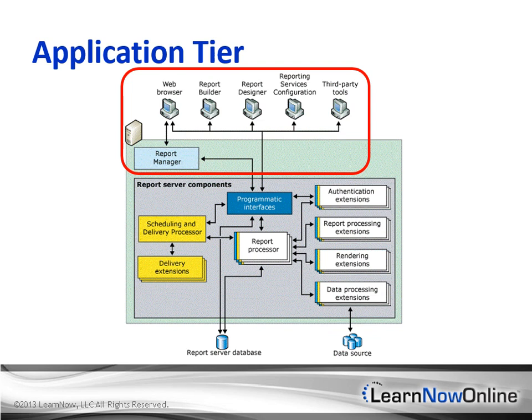In SharePoint integrated mode, you can use various web parts to give users access to reports hosted on a native mode server. And you can use the programmatic interfaces to integrate report views into a custom application or using URL endpoints.